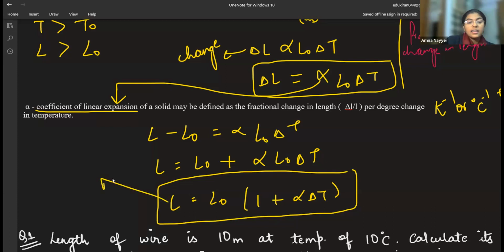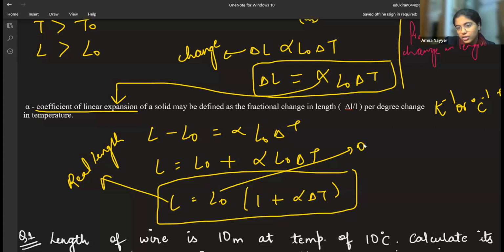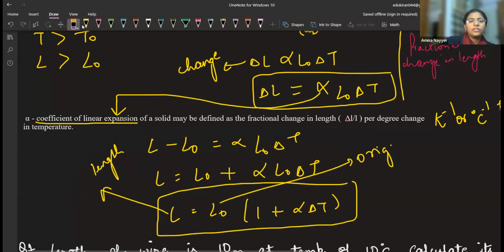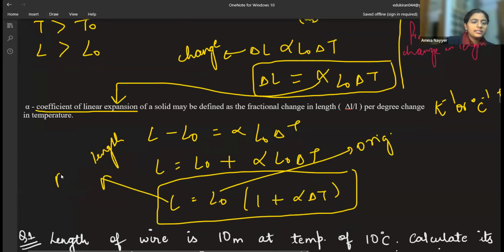L is the final length. L naught is the original length.